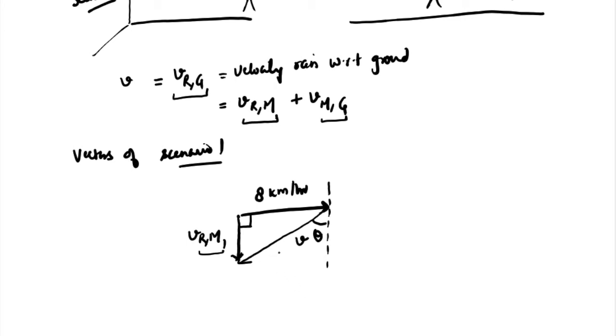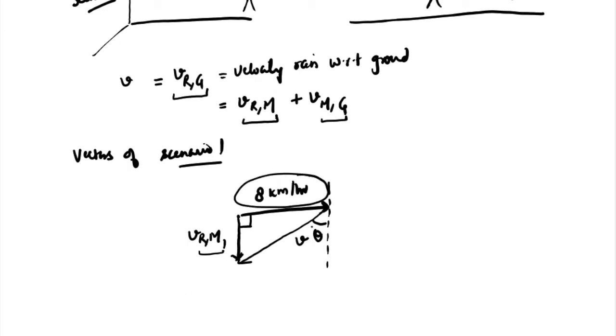So what we can say from this first vector diagram is that the component of this velocity along the x-axis should be equal to the velocity of the man.